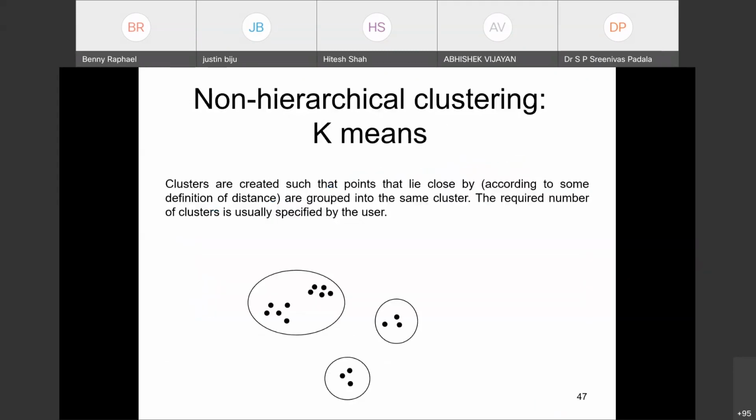I have not explained the algorithm in detail here, but qualitatively, this is what you do. You randomly assign centroids to these clusters, and then you examine each point and see to which cluster the point lies. The cluster which is closest to the point is assigned to that cluster.